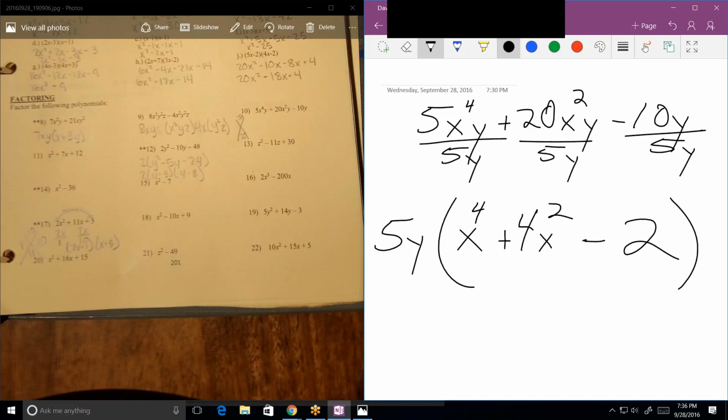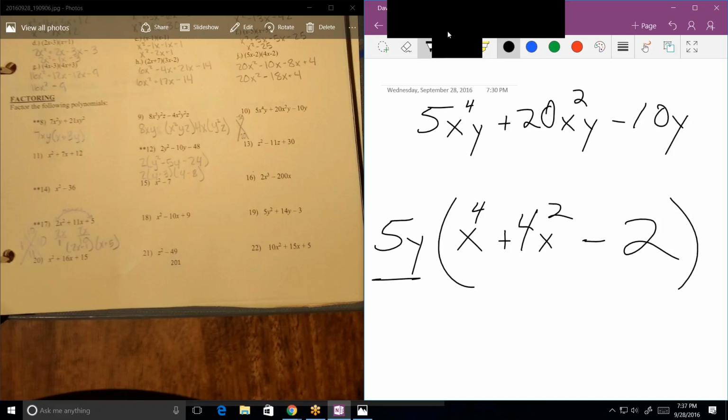Let me take away the division because that's confusing the issue. Now, when you multiply that times that, do you get that? We do. And that's what you always want to be doing to make sure you factored it correctly.